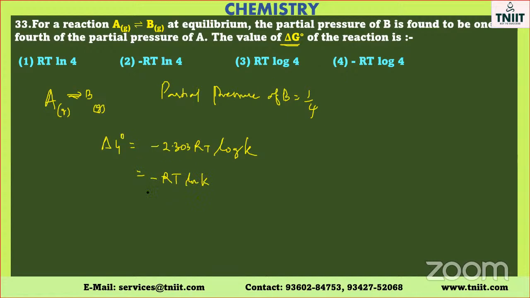So K is written with whatever is on the right hand side in the numerator, and whatever is on the left hand side in the denominator. So product B is in the numerator.